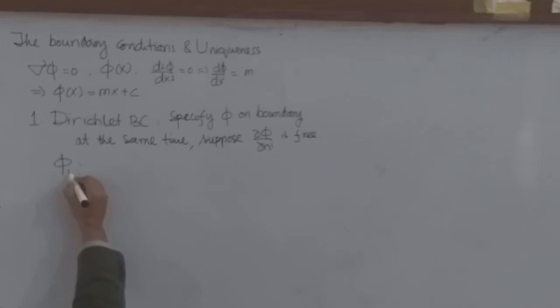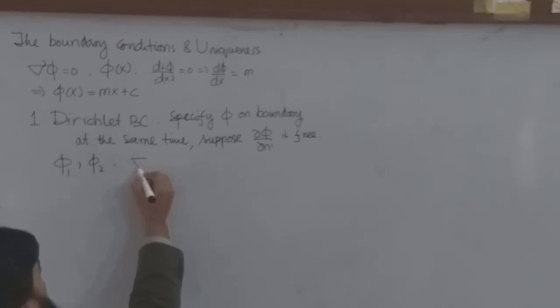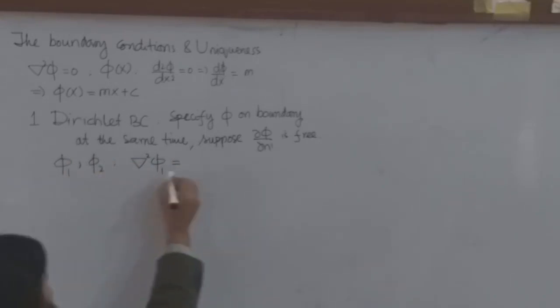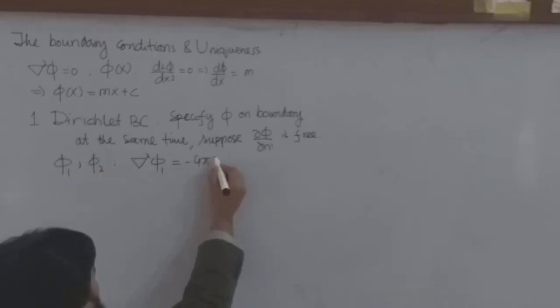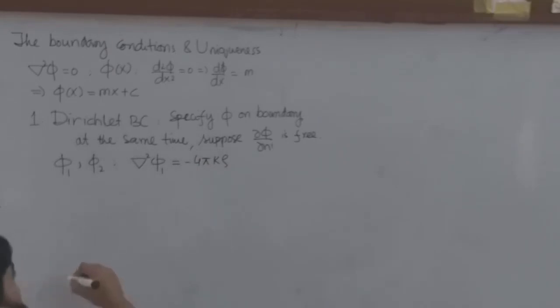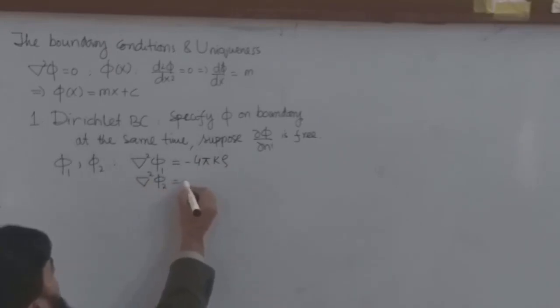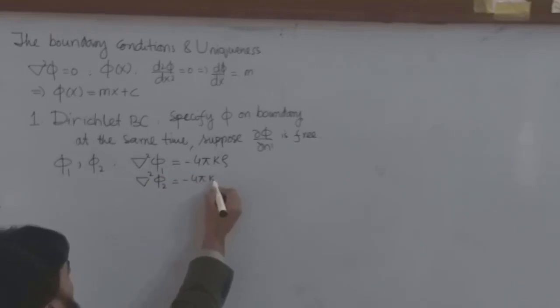One solution is phi 1 and the other solution is phi 2. Then del square phi 1 will be equal to minus 4 pi k rho, and del square phi 2 will be minus 4 pi k rho as well.